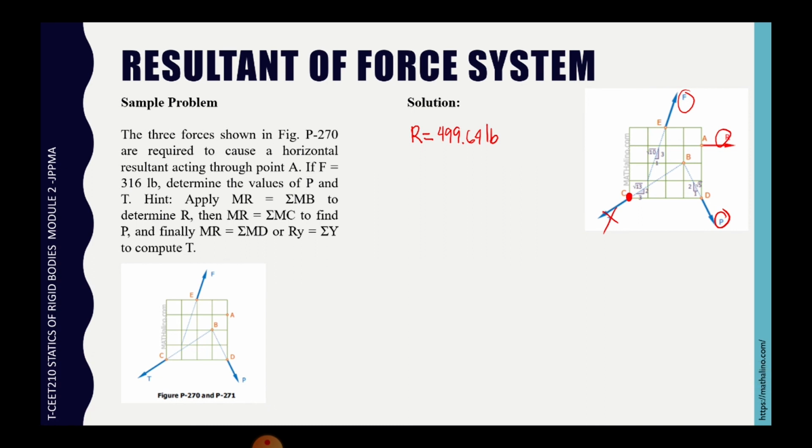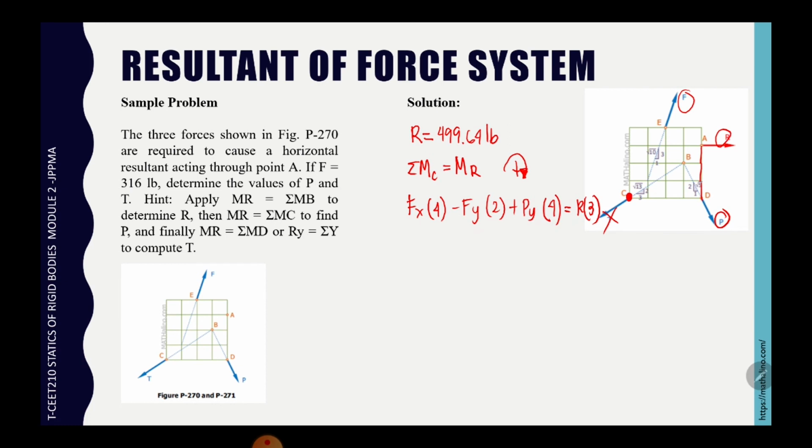So, magiging summation of MC is equal to MR, yung moment sa R. So, ganun pa din, clockwise is positive direction. Okay, so Fx times 4 minus Fy times 2 plus Py times 4 equals yung R times 3. Bakit? Kasi ito yung mga distance niya.